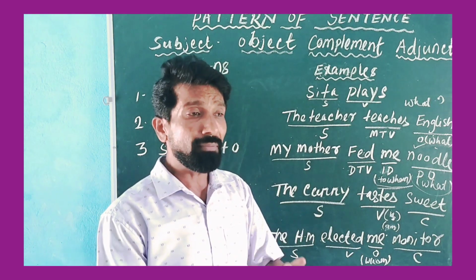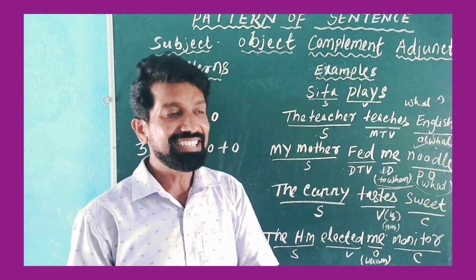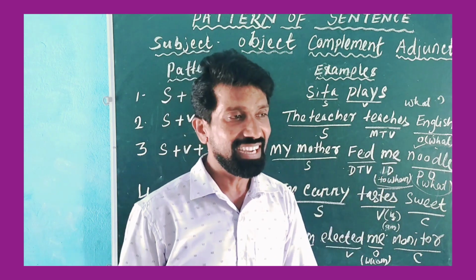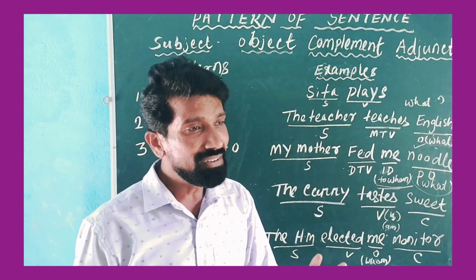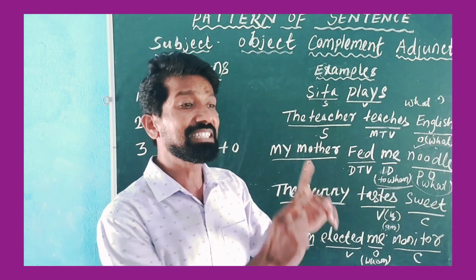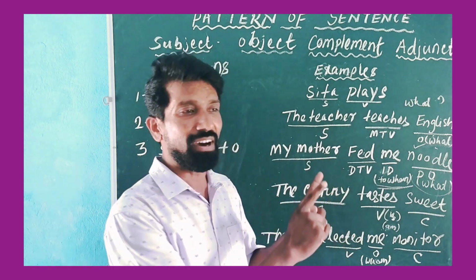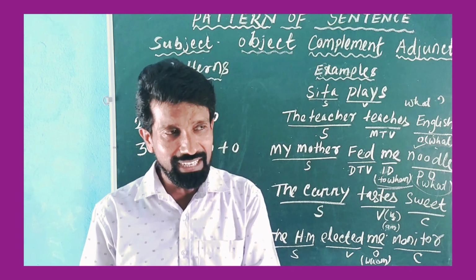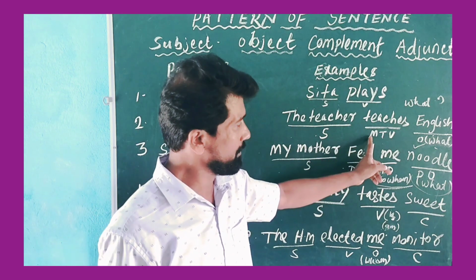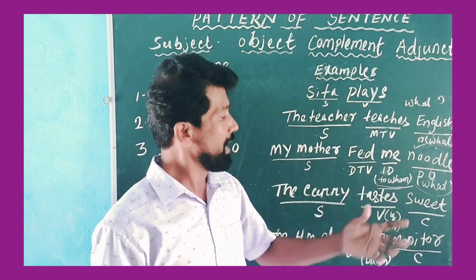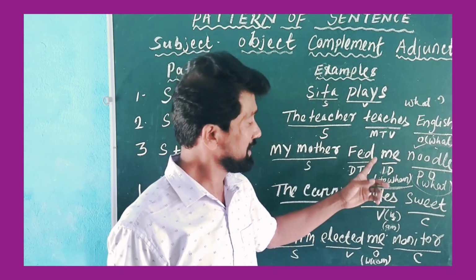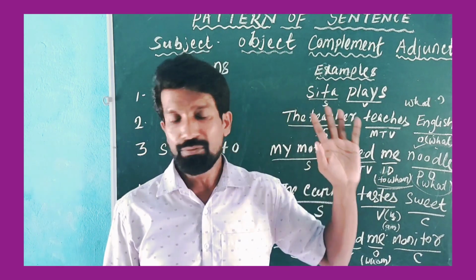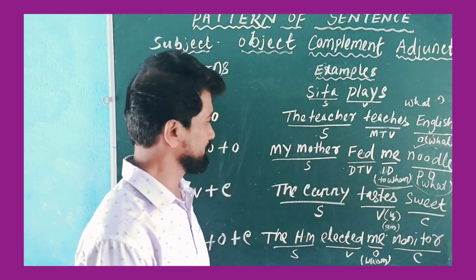If the verb has no object, then it is an intransitive verb. Understand? I have already discussed. If the verb has no object, the verb itself is intransitive. If the verb has one object, then it is called monotransitive verb. And if the verb has two objects, then it is a ditransitive verb. You understand?